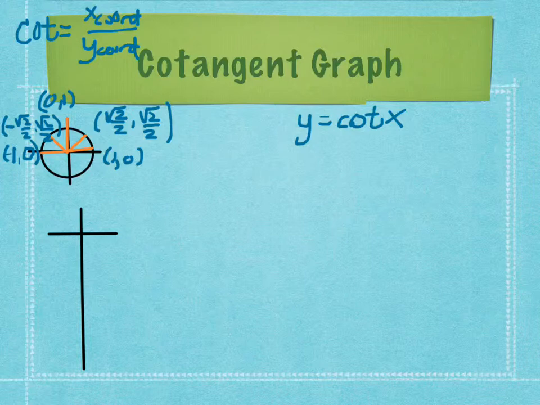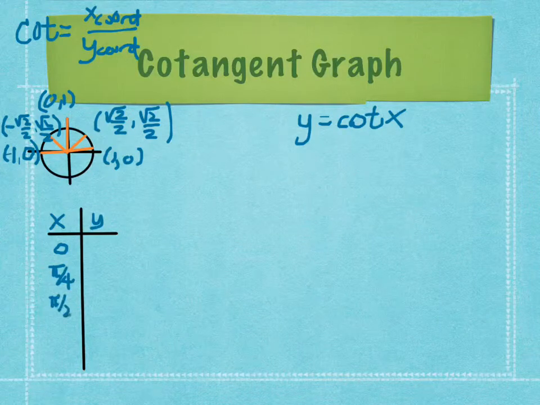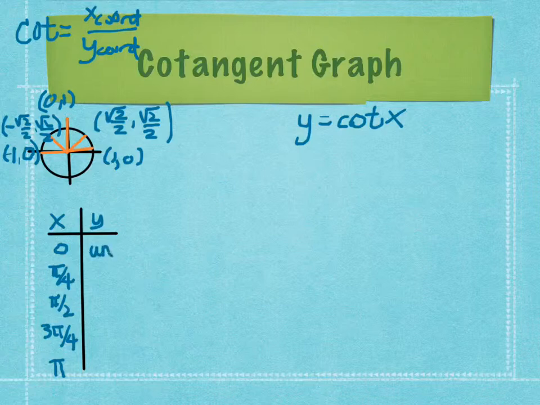Our first angle is at 0. And then we have pi fourths, pi halves, 3 pi fourths, and pi. Now if I take my x coordinate, which is 1, and I divide by my y coordinate, which is 0 at the first location, I would actually get this to be undefined, just like on the last one.